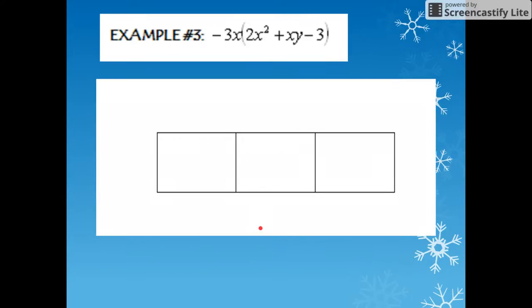Then one more example for you. So again, the negative 3x goes in front. All the terms inside the parentheses go on top. And then when we multiply everything out, negative 3x times 2x squared is negative 6x to the third. Negative 3x times xy is negative 3x squared y. There's the x times x, where the x squared comes from.